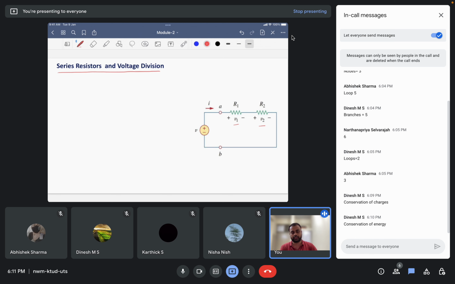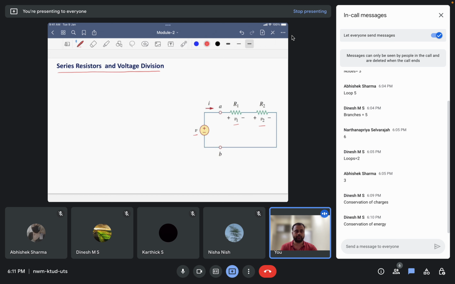The source is of potential V. Please try to find the voltage drop across R1 and R2 independently.